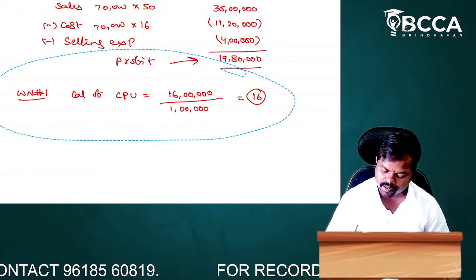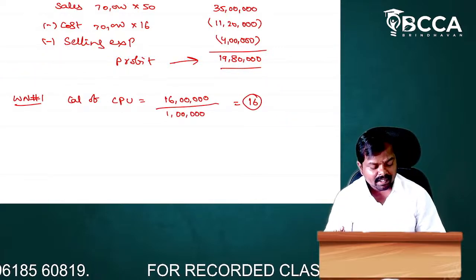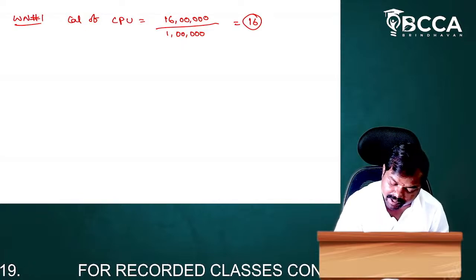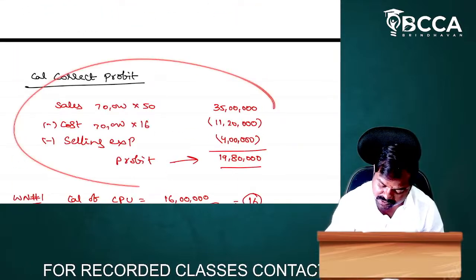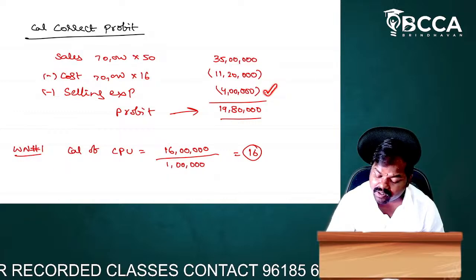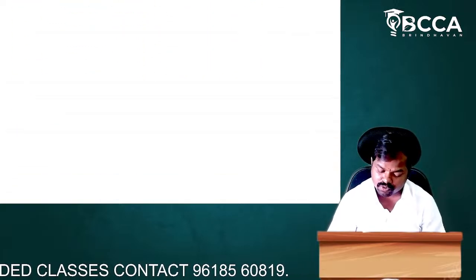Clear? By observing this calculation, I think you can get certain clarity. By observing this procedure, this is incurred for sold units only, and this is incurred for sold plus unsold units.